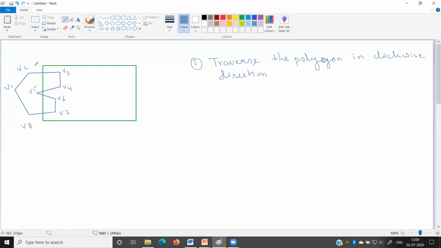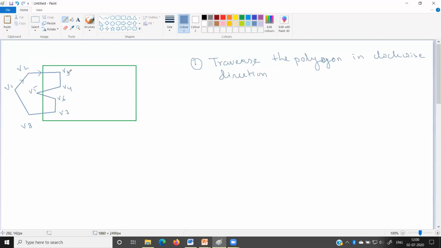As you are moving in the clockwise direction, if you are moving from outside to inside, that means for this particular case V2 to V3, then you have to follow the polygon boundary. You have to follow this particular edge.